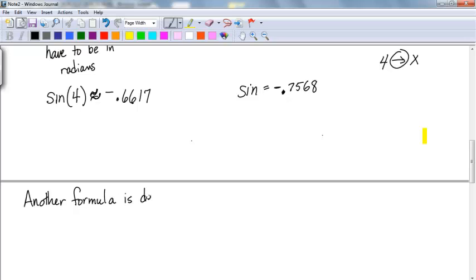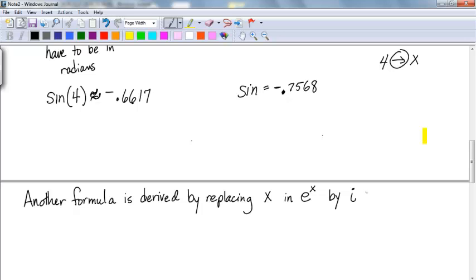It is derived by replacing the x in e to the x. So we're going to go back to that exponential series, and we're going to replace the x in this e to the x by i alpha.